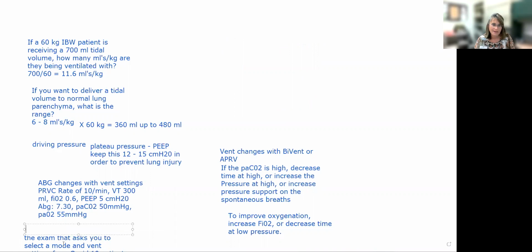Oh, after I click out of it, I can't move it up. Oh, man. All right, so I rewrote it up at the top. Select a mode and vent settings for a COVID-19 vent patient.